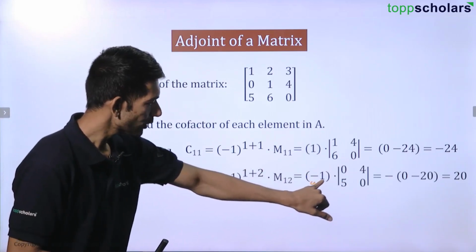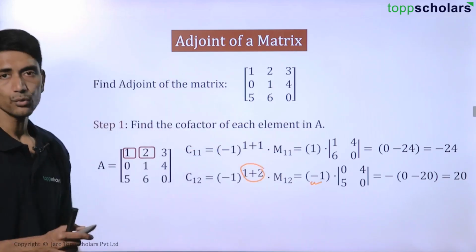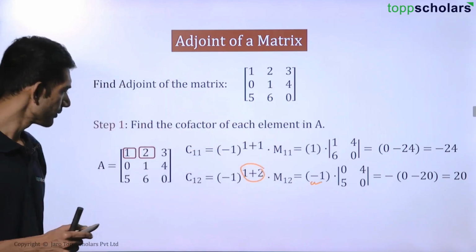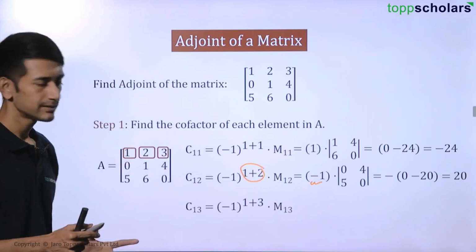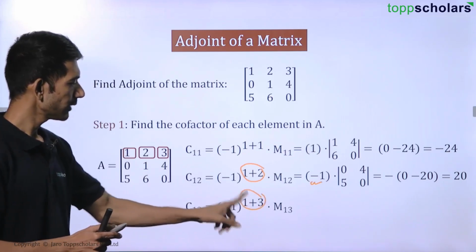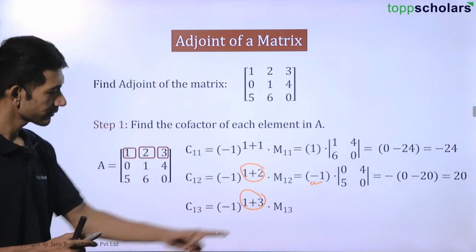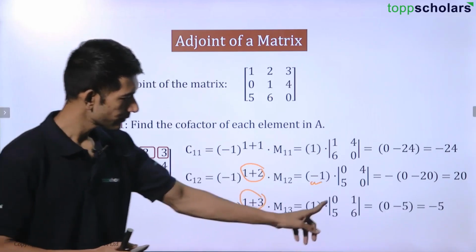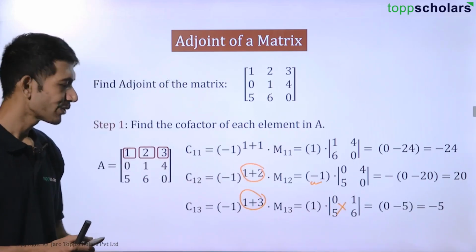This becomes minus 1 only because here you have the odd power of minus 1. That gives you 20. Third, that is C13. Minus 1 raised to 1 plus 3. Even power, so this becomes positive. M13, 0156. Solve this. You get minus 5.